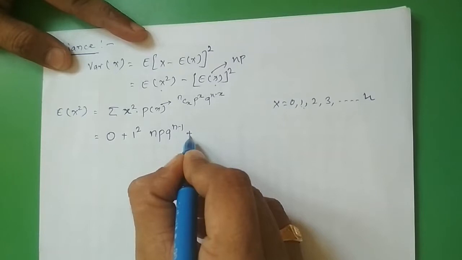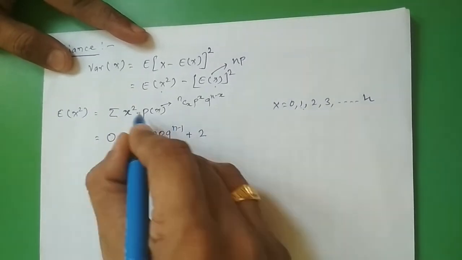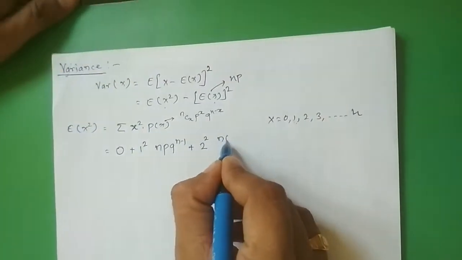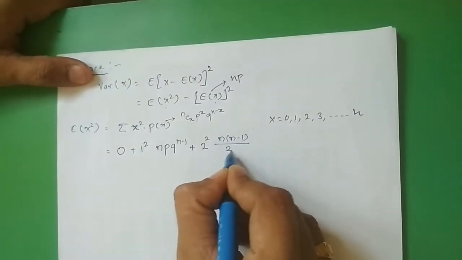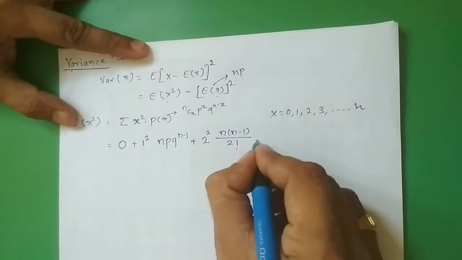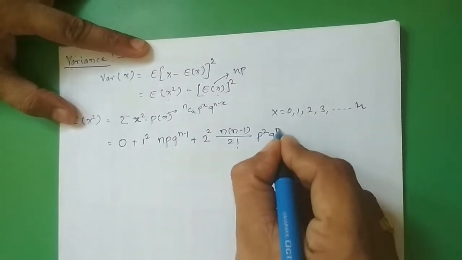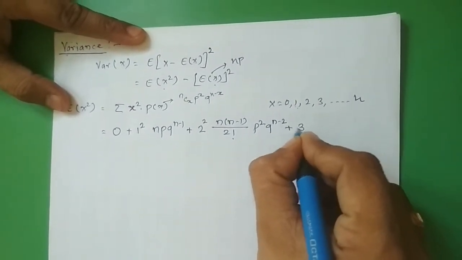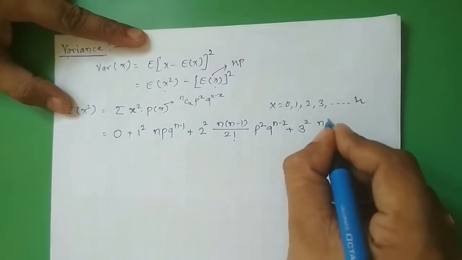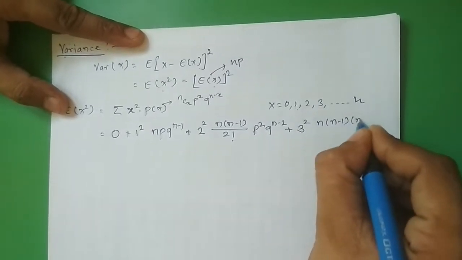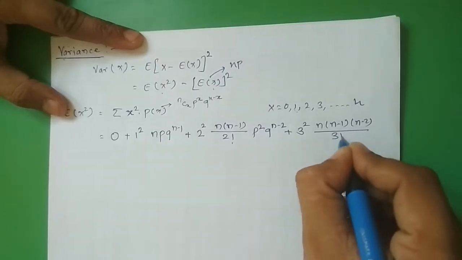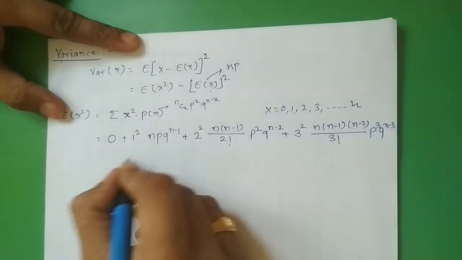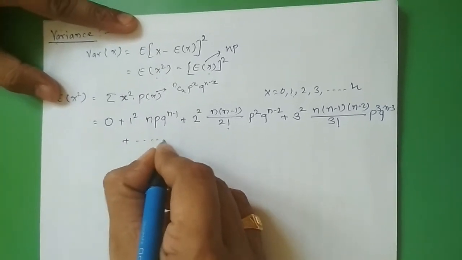The next value is 2, and since it's x square, it's 2 square, and we will get n(n minus 1) divided by 2 factorial into p square q raised to n minus 2. The next value is 3, so 3 square into n(n minus 1)(n minus 2) divided by 3 factorial into p cube q raised to n minus 3, plus and so on.